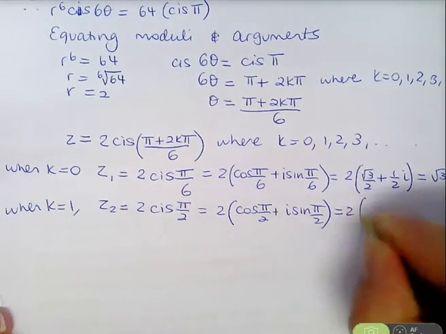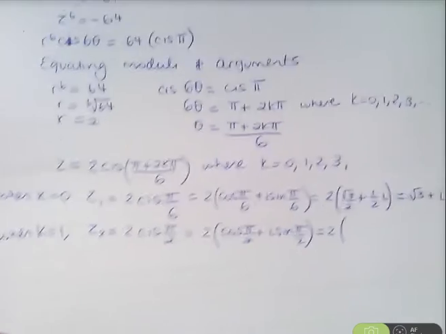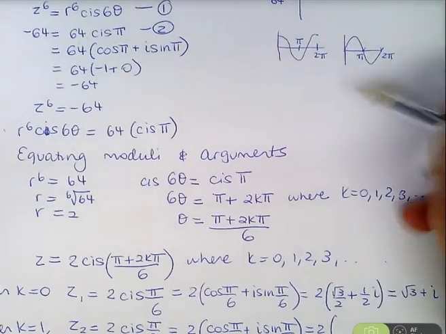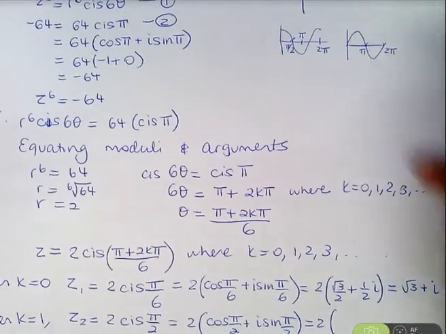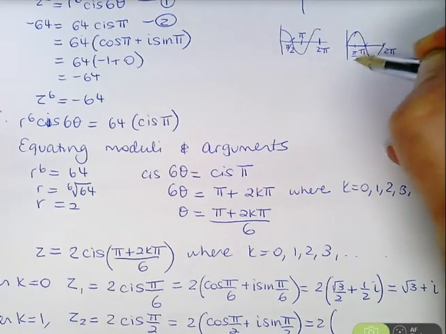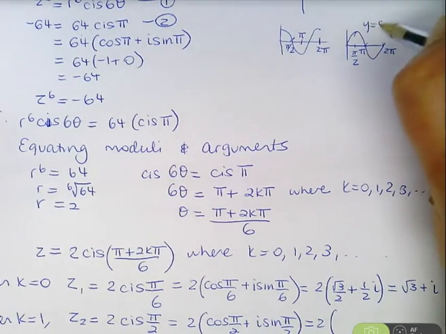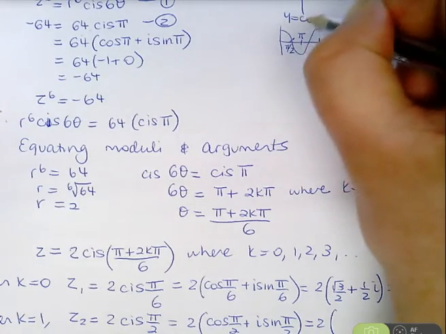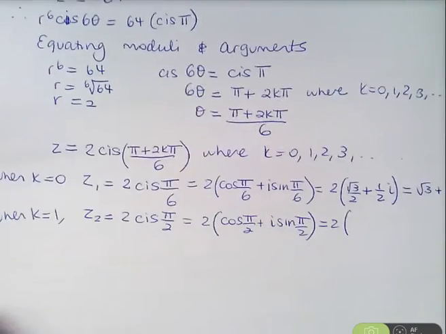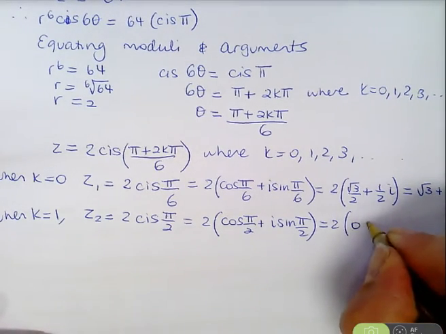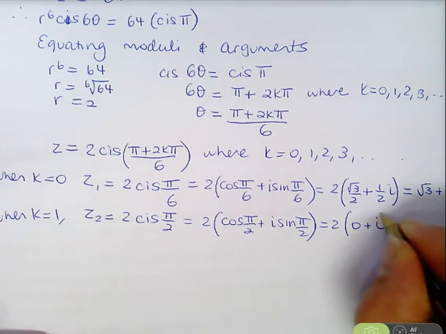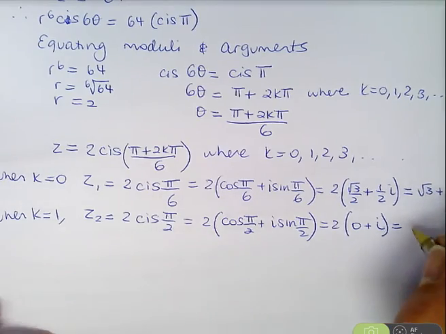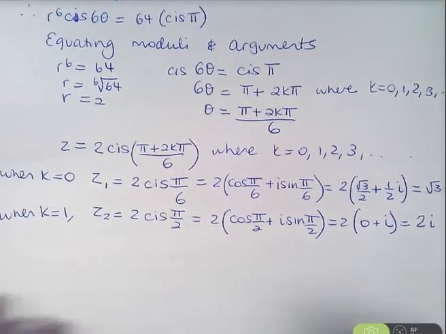Now, pi on 2 is cos 90, which is 0, and sine of 90 is 1. So this is 2 times 0 plus 2 times 1 times i, and therefore our root here is 2i.